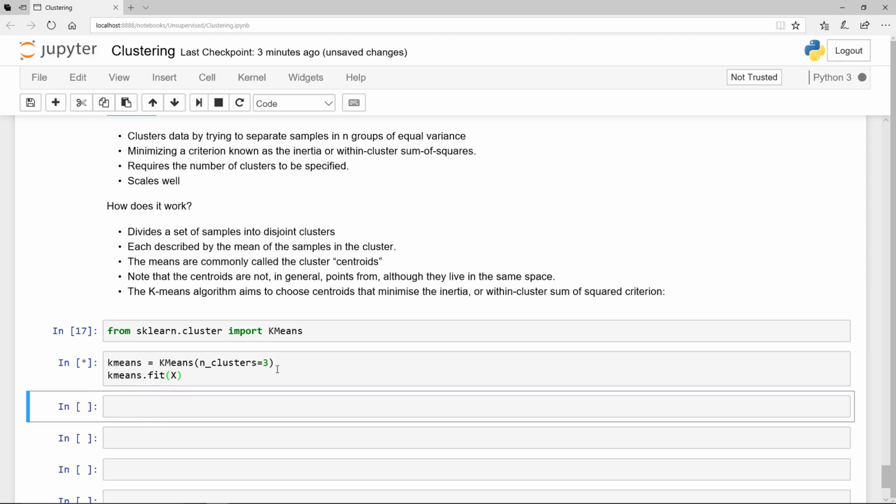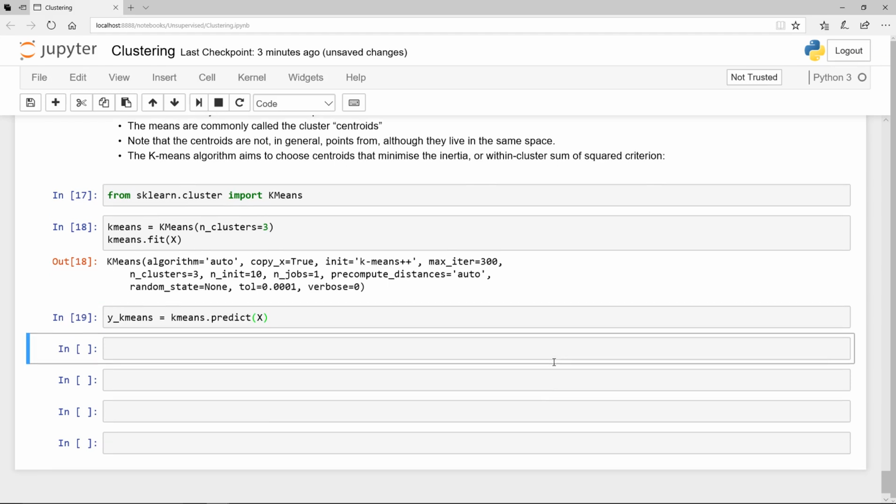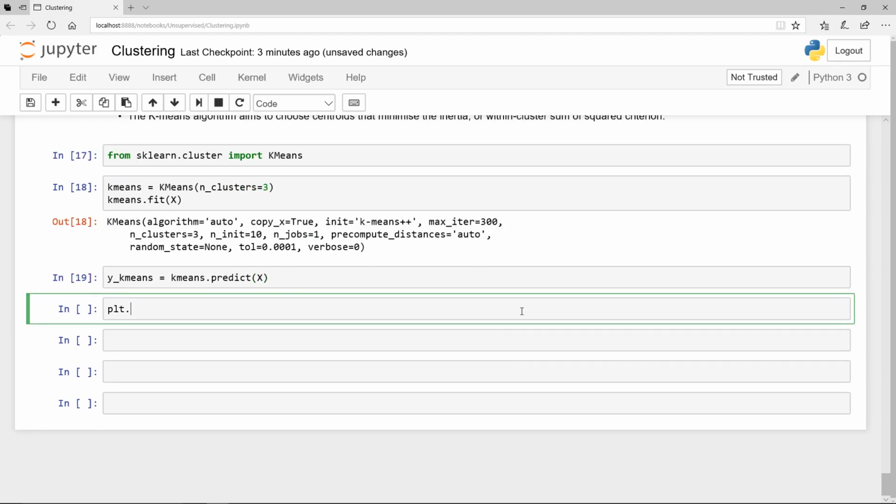Remember X is where our sample is. Having done that, the next thing is that we need to estimate by performing the actual prediction itself, kmeans.predict(X), to find the actual centroid itself. Now let's just visualize what we've done here. X, 0, that's all of the first column's data.